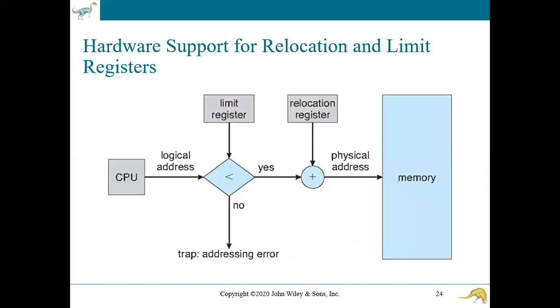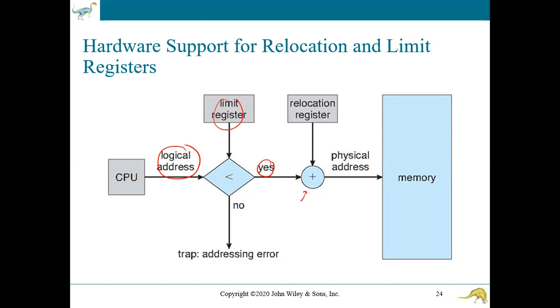It makes sure of what we talked about earlier: you take the logical address, which should be within the limit. Only then do you take it and add it to the relocation register, and then create the physical address.